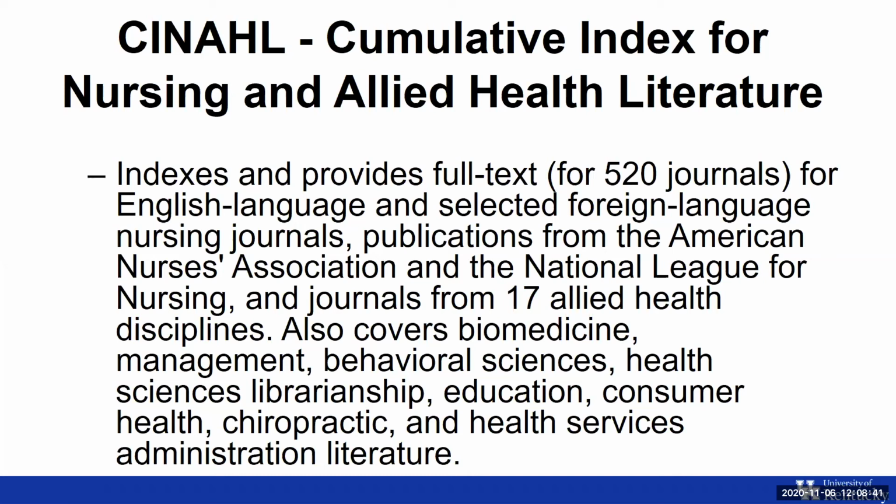It indexes and provides the full text for 520 journals for English language and select foreign language nursing journals, publications from the American Nurses Association and the National League for Nursing. And it also includes journals from 17 allied health disciplines. It also covers biomedicine, management, behavioral sciences, health sciences librarianship, education, consumer health, chiropractic, and health services administration literature.